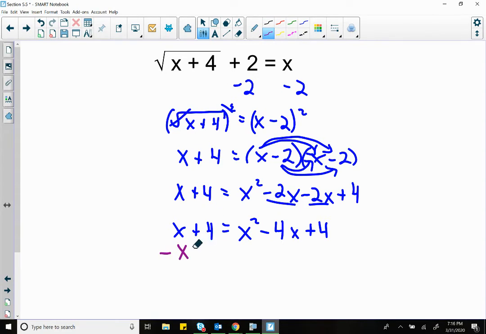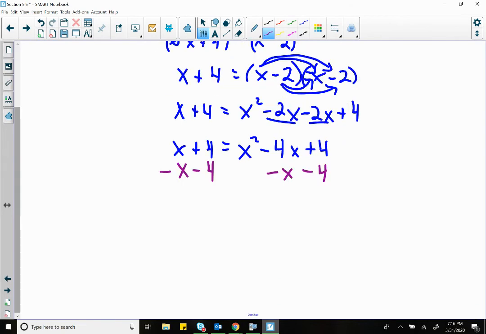Let's move this plus 4 to the other side by subtracting 4. So minus x minus 4. So what we have then is 0 equal to x squared minus 5x, and the 4's end up canceling each other out.